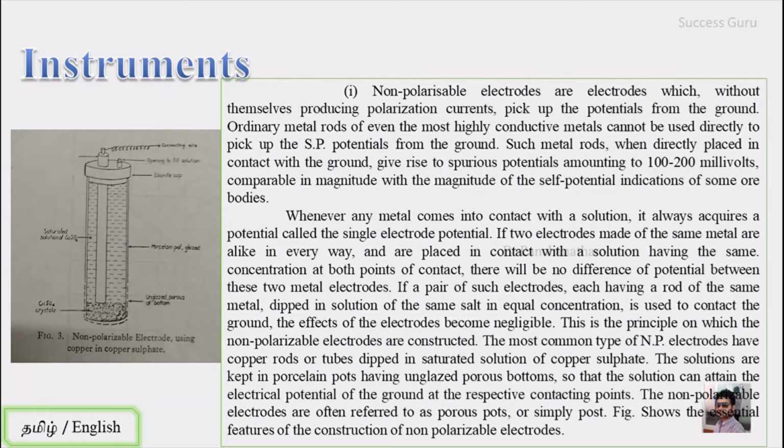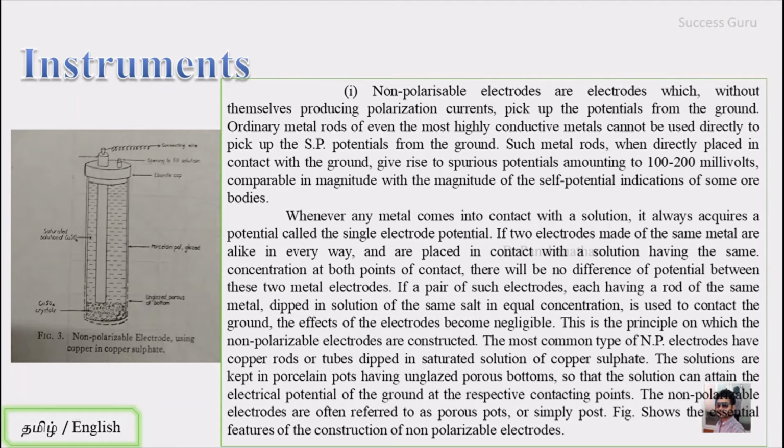So what we can do is go for a non-polarizable electrode, wherein any metal that comes in contact with a solution always develops a potential called a single electrode potential. If two electrodes made of the same metal are alike in every way and are placed in contact with a solution having the same concentration at both points of contact, there will be no difference in potential between these two metal electrodes.